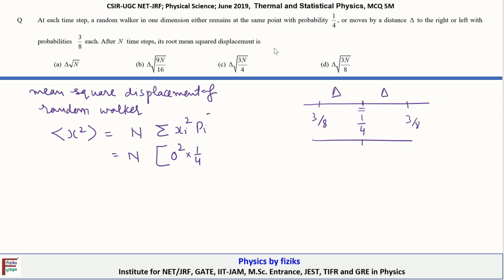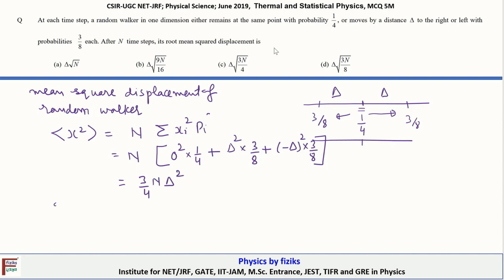Plus x square again, if it's moving along the right hand side, then x square is delta square multiplied by the corresponding probability, 3 by 8, and then plus x square if it's moving along the left direction, so it's minus delta square, basically delta square, multiplied by the corresponding probability. After evaluating it, it comes out to be equal to 3 by 4 n delta square.